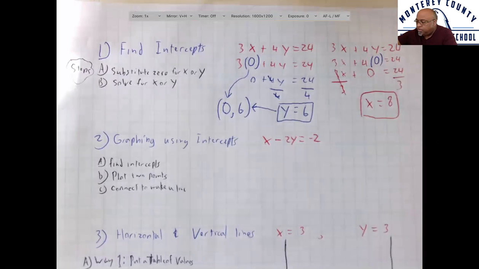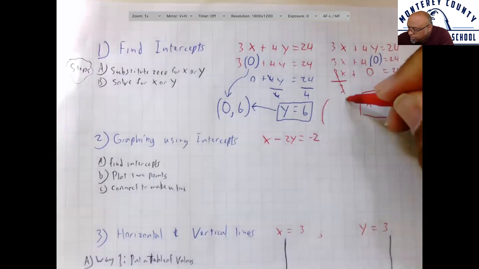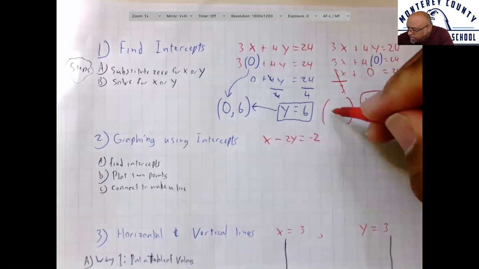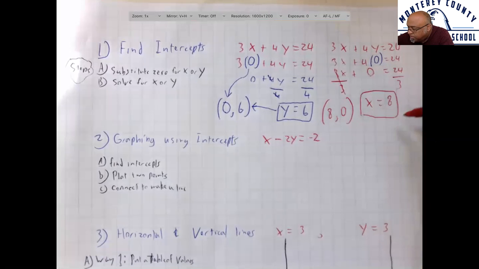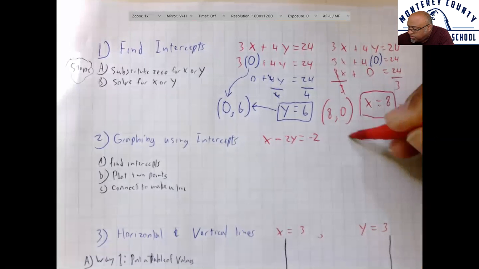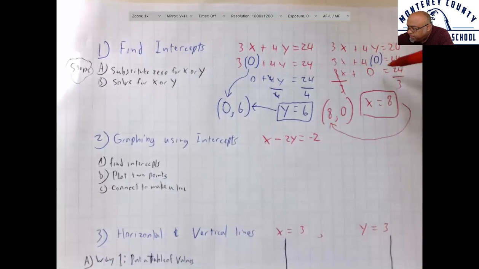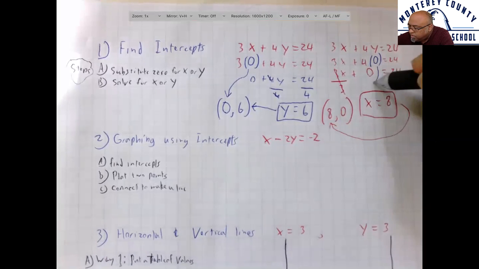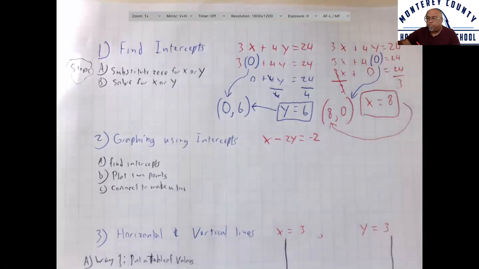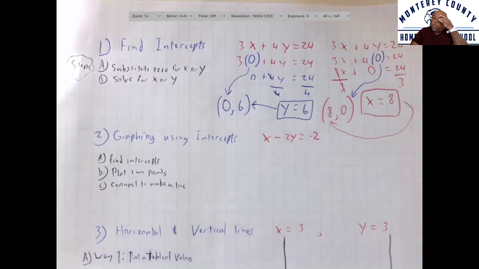So on this equation, I can write it as an ordered pair. I know if my x value is 8, then my y value has to be 0. And I can see this because I solved for x and I substituted 0 for y. So here are my intercepts.